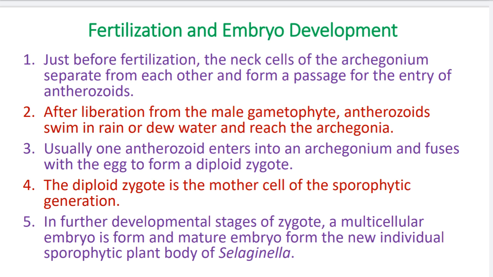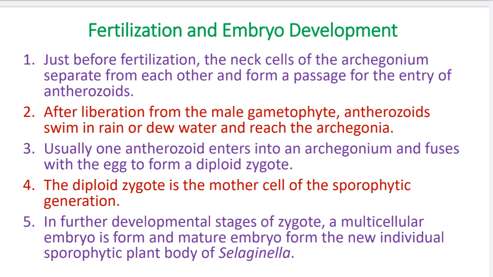Now the next point is fertilization and embryo development. Number 1. Just before fertilization, neck cells of the archegonium separate from each other and form a passage for the entry of antherozoids. The neck canal cells degenerate and form a mucilaginous substance, so the entry of sperm into the archegonium is possible.